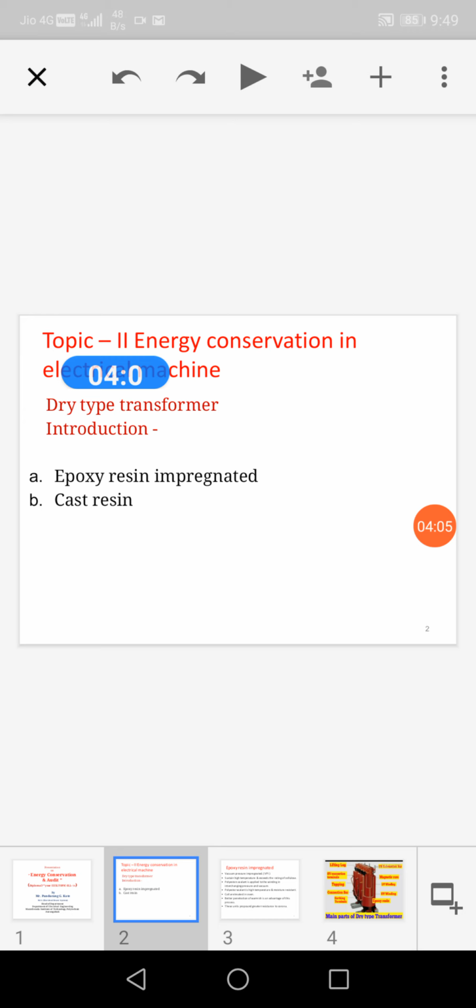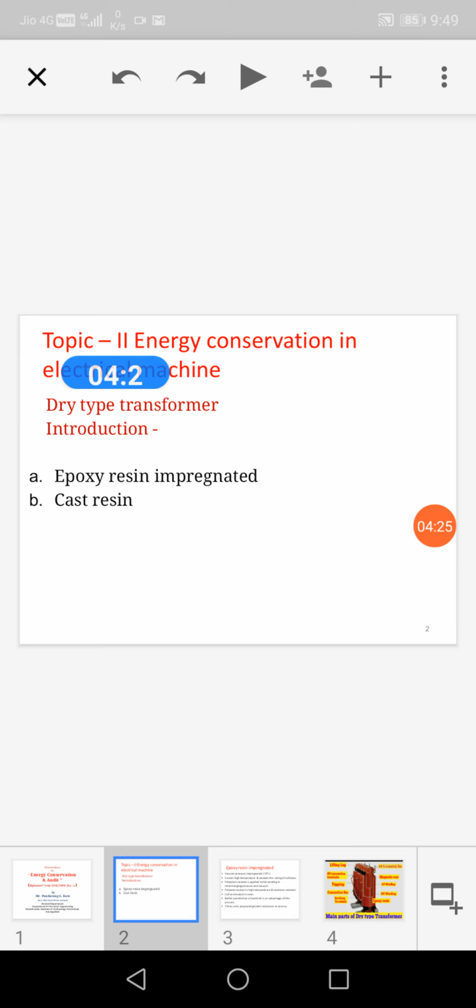But here is the main difference between the two transformers. Here we do not use the oil for cooling the winding in transformer.